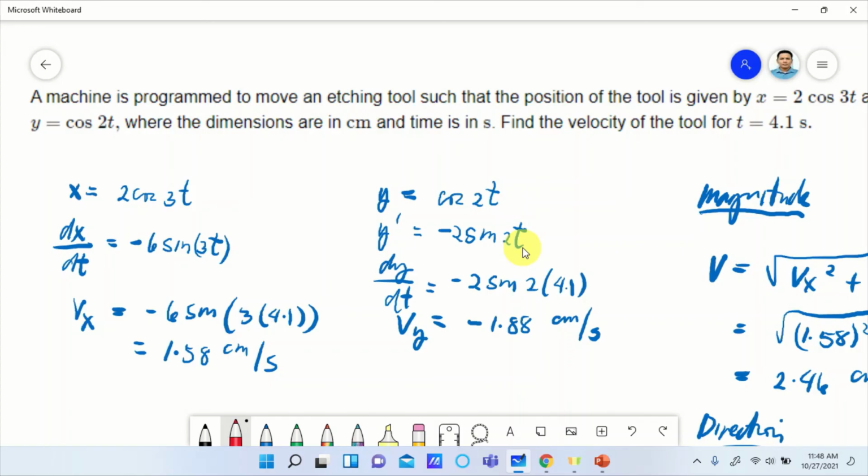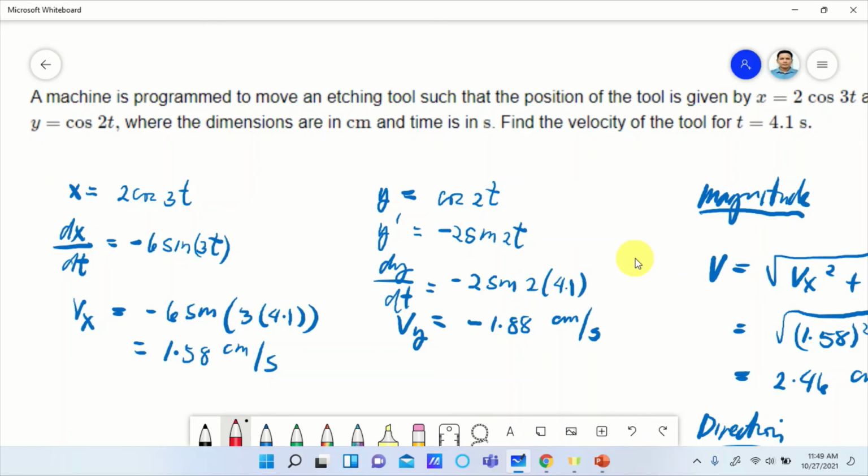That's the derivative, and the derivative is actually the velocity of the object along the vertical axis. So you have negative 2 sine of 2 times 4.1, that will give you negative 1.88 centimeters per second.